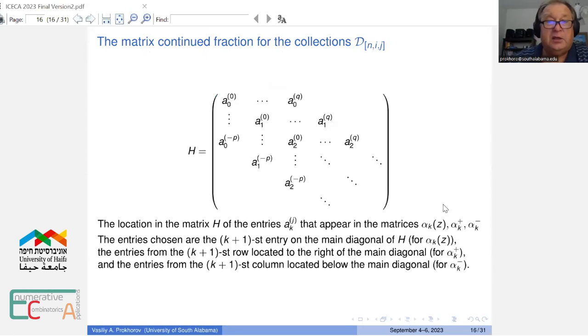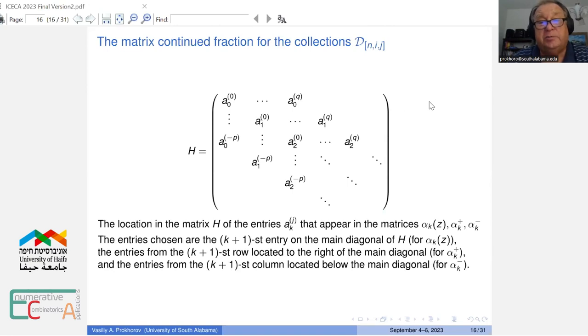It means to construct these matrices, we need to take the k plus first row, and then take elements to the right of the main diagonal. This is for the alpha k plus matrix. And then we need to take the elements under, from the k plus first column. These elements can be used for the construction of alpha k minus, and the element on the diagonal, at the intersection of the k plus first row with the k plus first column, gives us the element from the matrix alpha k.